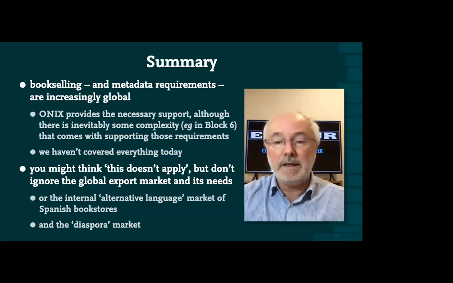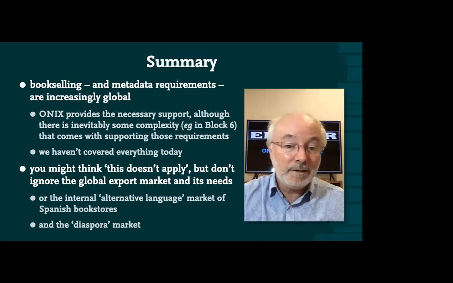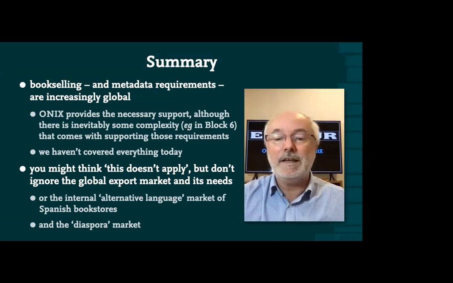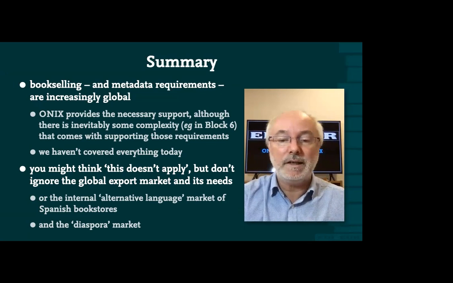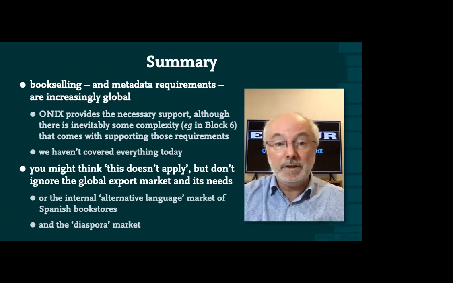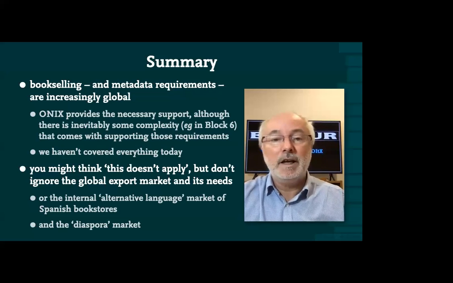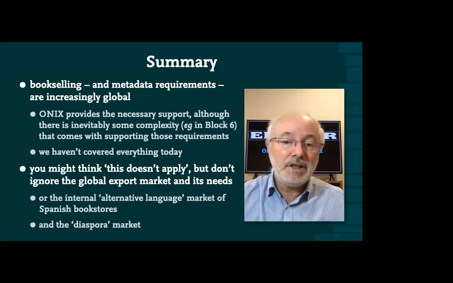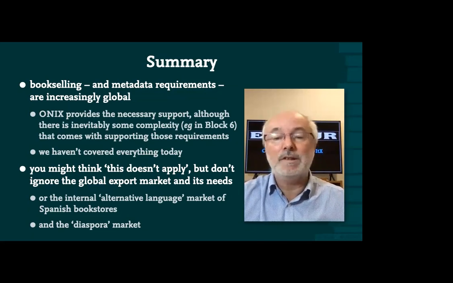ONIX, and specifically ONIX 3, provides the necessary support for these globalized business requirements, whether it's the simple ability to deliver measurements in both millimeters and inches, or the admittedly complex modeling of international distribution and pricing. And there are things you can do that we haven't even covered today, like providing different marketing collateral for different markets, or attaching time zones to sales embargo dates when you do a Harry Potter style timed global reveal.